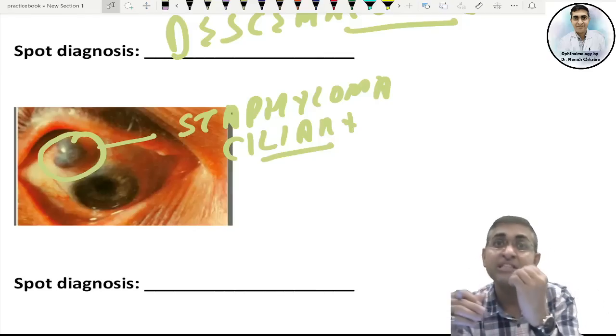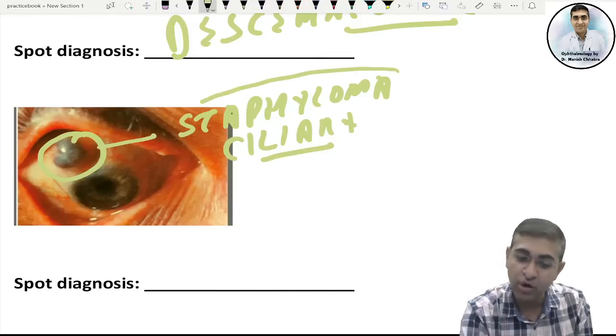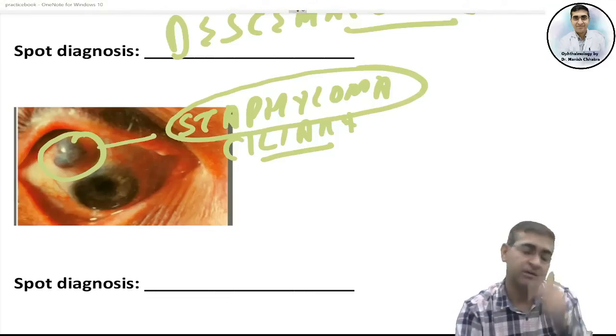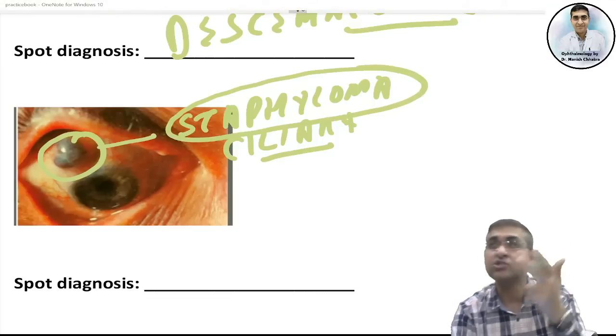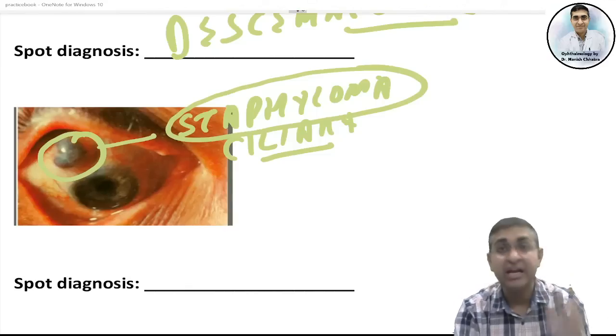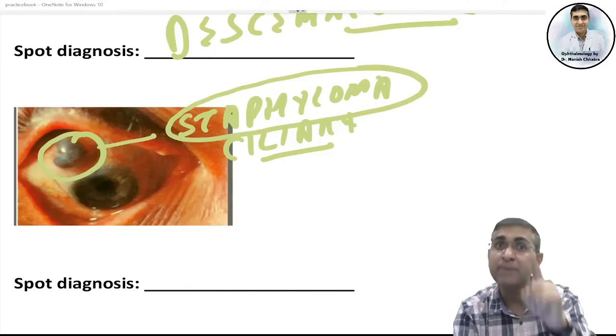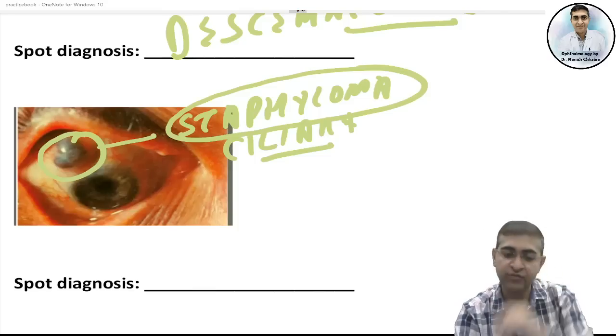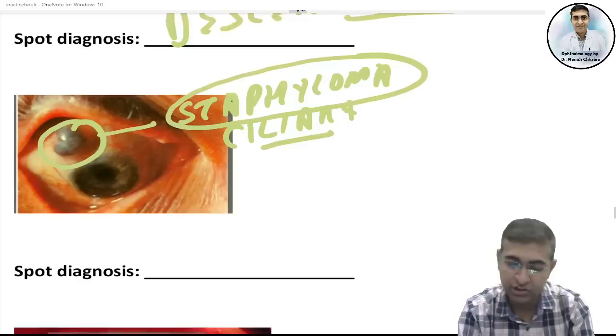But here you can see the bulge. If there is a bulge, you will call it staphyloma. If there is just the thinning, as you see in rheumatoid arthritis, as you see in autoimmune diseases, you call it scleromalacia perforans. That is the one important point by which you can differentiate between staphyloma and scleromalacia perforans.